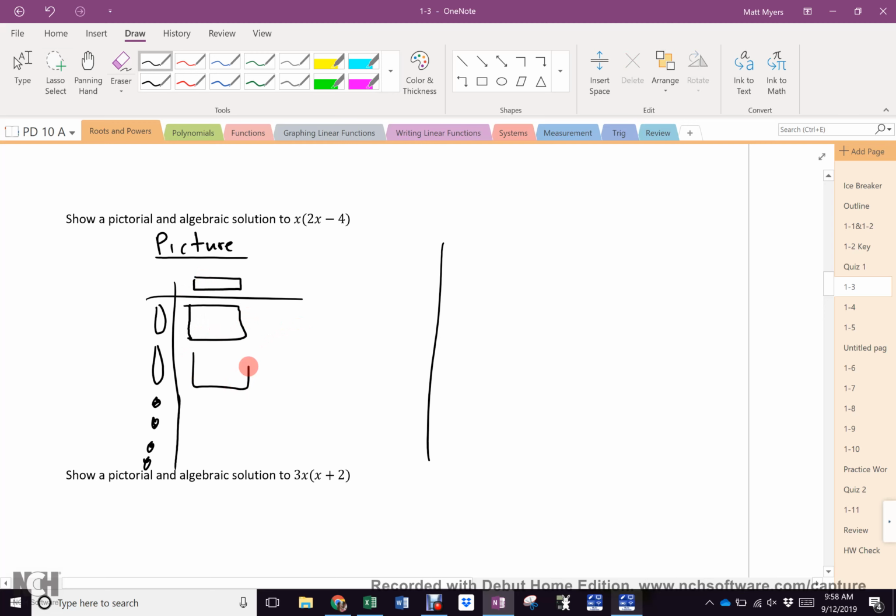X squared, and then I did it again. And then I had negative here, and then I stretched it in what direction? I stretched it out. And what wins? Negative.